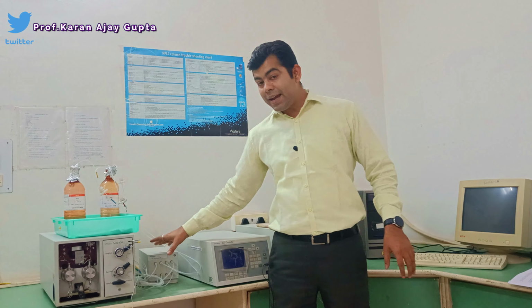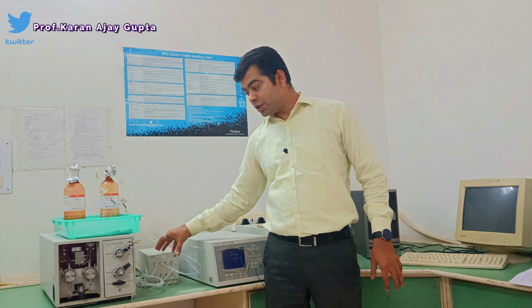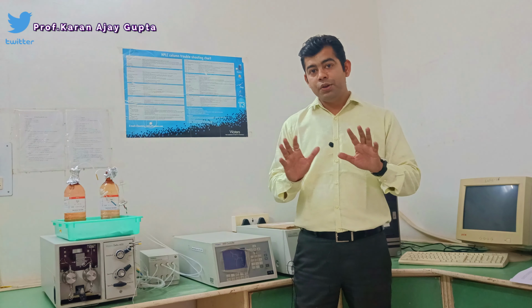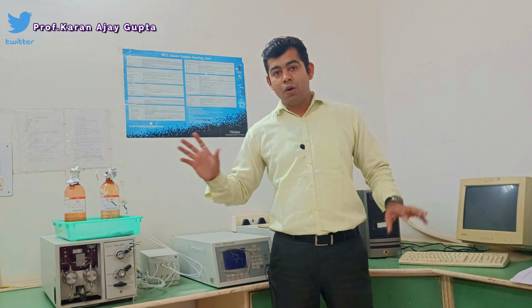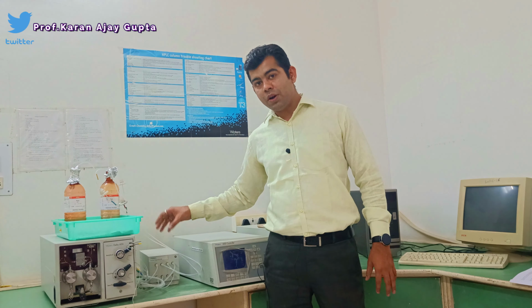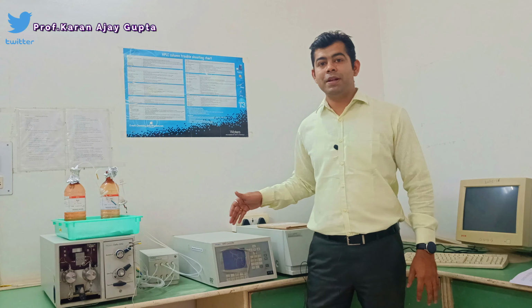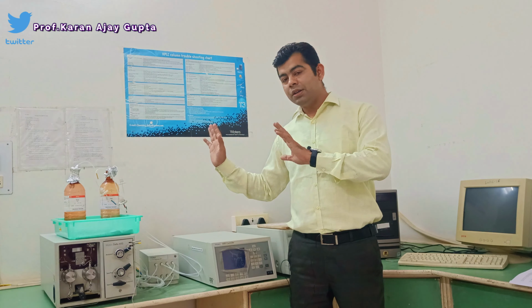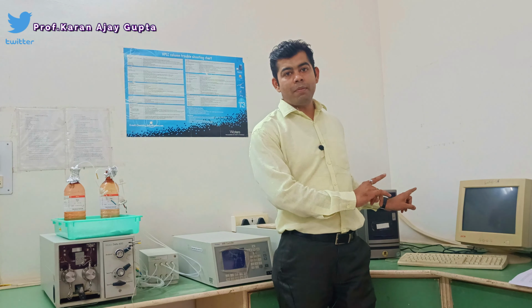According to the ratio or command, the degasser mixes your solvents and runs. So you don't need to prepare your mobile phase first. You only put your solvent there and give the command to the software.